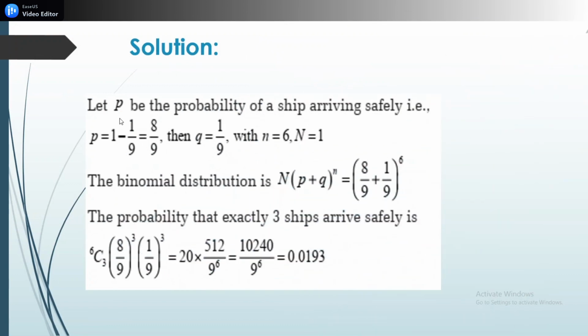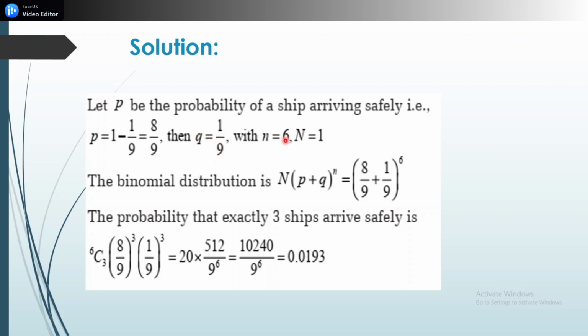The probability of success p represents the ship arriving safely. Otherwise, p is equal to 1 minus 1 over 9, meaning the probability of success is equal to 8 over 9. The probability of a ship which sank is equal to 1 over 9, meaning the probability of failure is equal to 1 over 9.